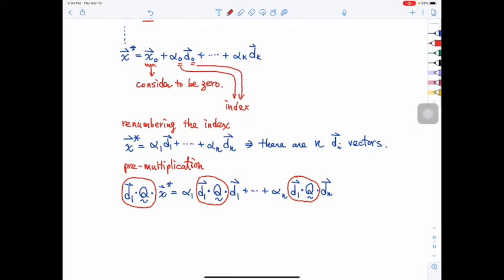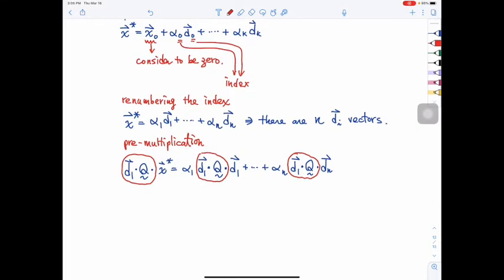So now what do we do? We make an assumption. We assume d1 to dn are Q orthogonal. We assume they are Q orthogonal. So what will happen? Can someone tell me what will happen?